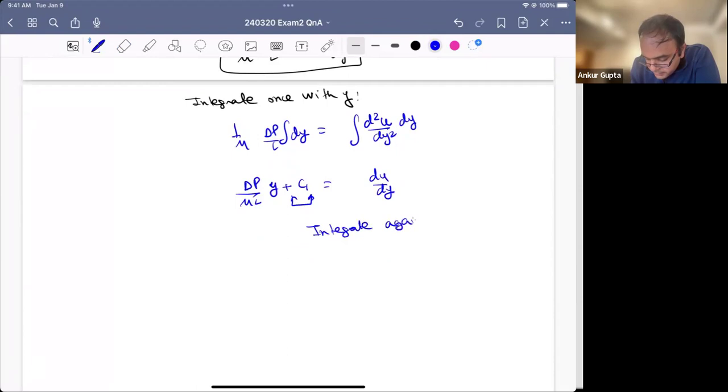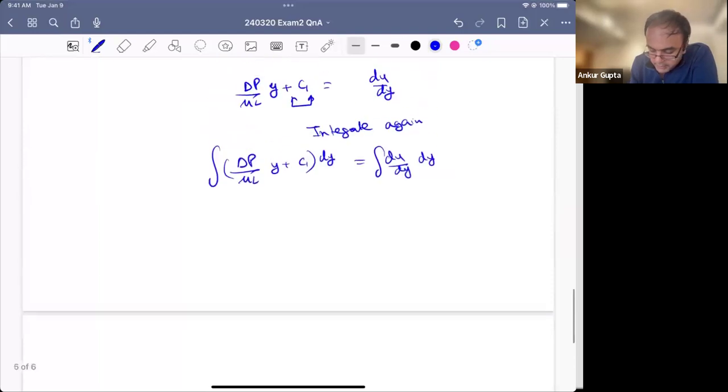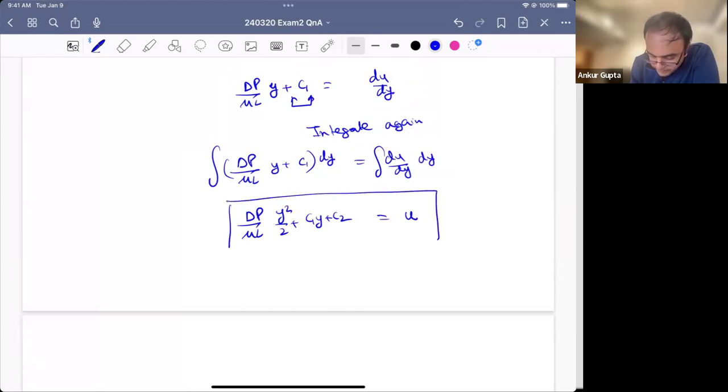You get the integral of delta P by mu L y plus c1 dy, and right now you will get u equal to delta P by mu L times y square by 2 plus c1 y plus c2. Okay, so this is what you get out. Any questions until this point?